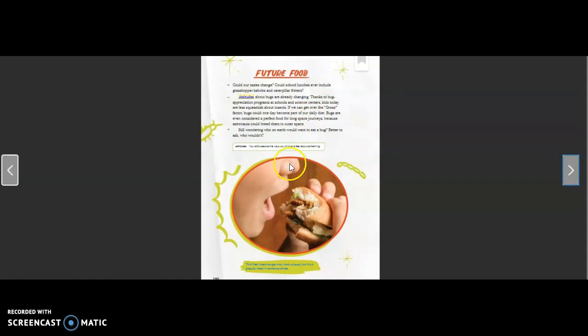And lastly, if you look very closely at this graphic feature here, you can see the bugs that maybe from a distance may look like ground beef, like a regular hamburger, but this graphic feature really helps us to see what a bug burger actually looks like.